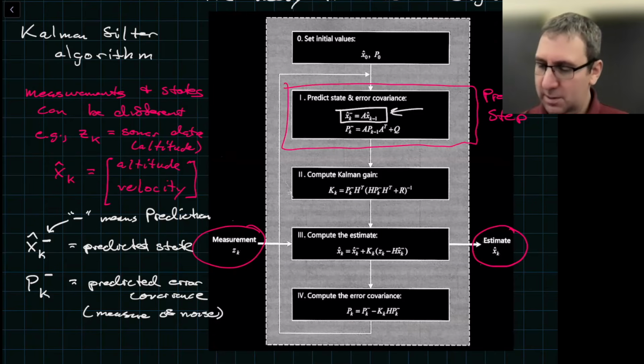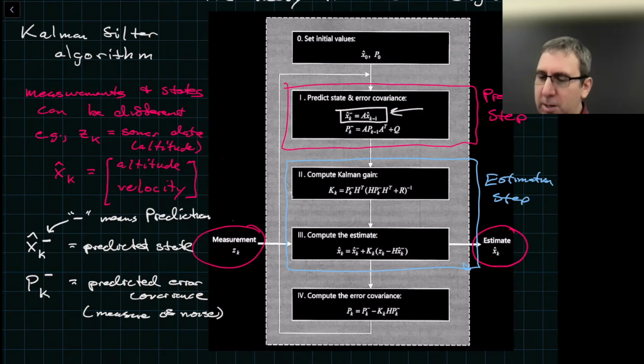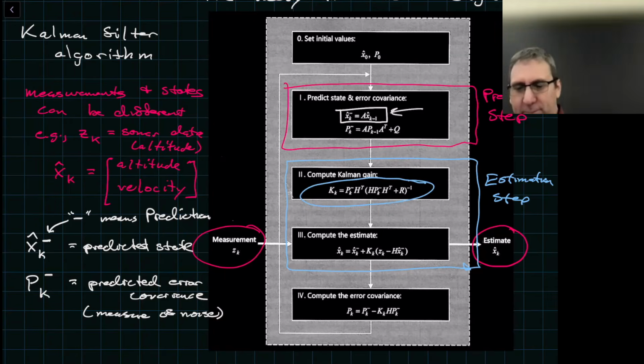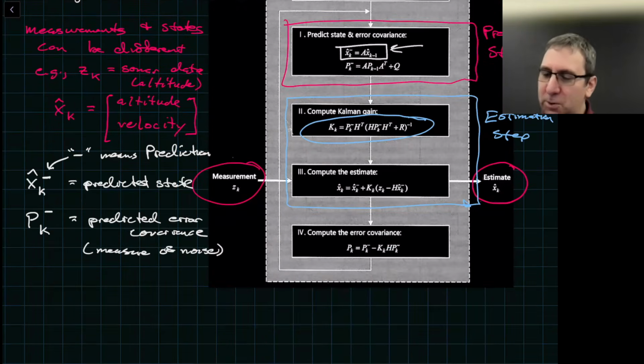The next step is called an estimation step. Something gets computed using a bunch of matrices, and it looks confusing, but it's not. We can talk about what those things are. In the estimation step, you compute this thing called the Kalman gain, which I guess is more related to alpha.